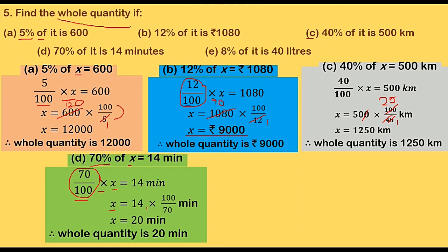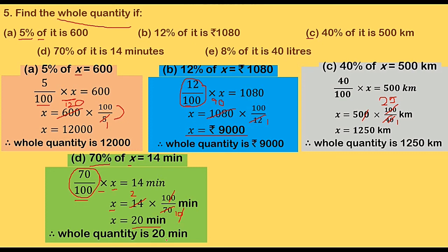So 14 multiplied by the reciprocal of 70 upon 100, that is 100 upon 70. So 7 tens are 70 and 7 twos are 14. And 0, 0 cancelled. So 2 multiplied by 10 becomes 20 minutes. So what is the whole quantity I get? The whole quantity is 20 minutes.